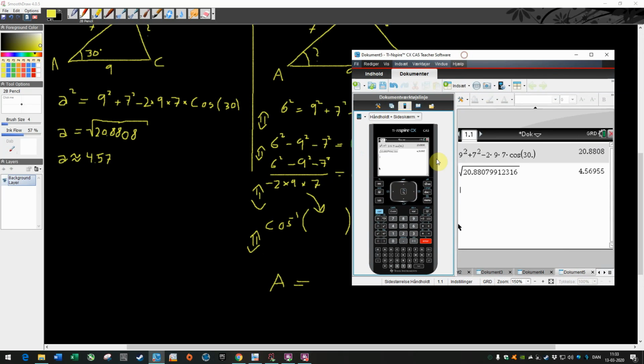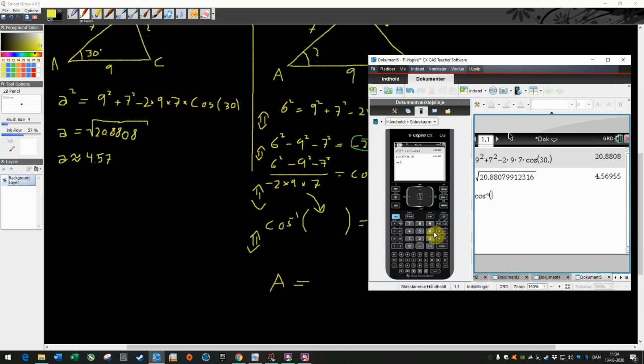What does it say? It says that you should take the inverse function of cosine to this fraction. So first I make a bracket divided with another bracket. So it's 6 squared minus 9 squared minus 7 squared, divided with negative 2 times 9 times 7.